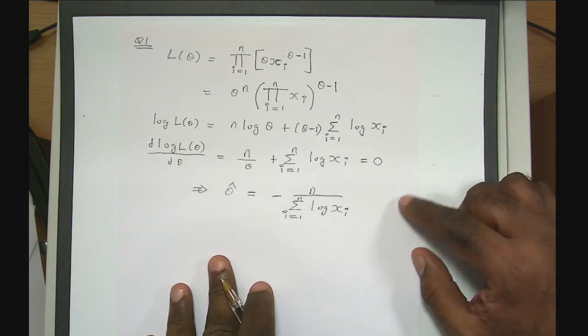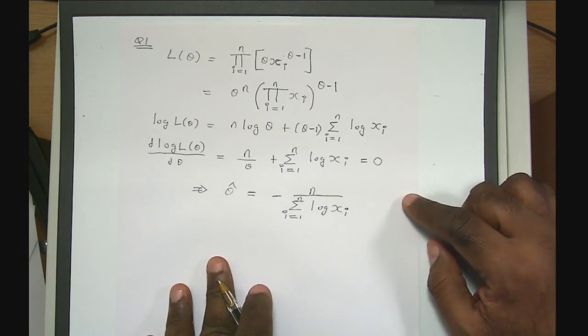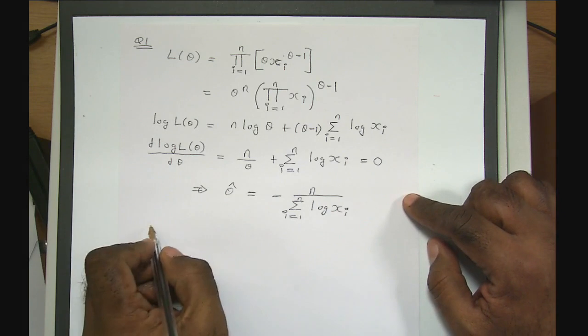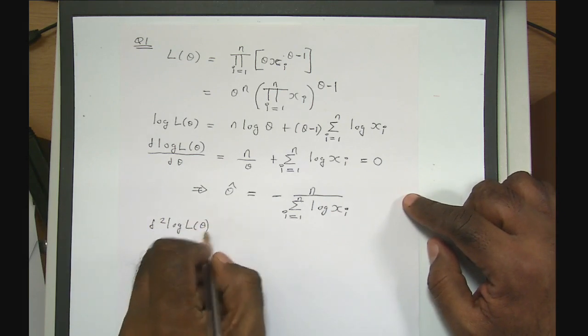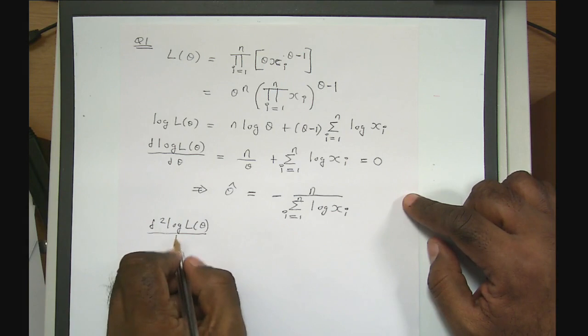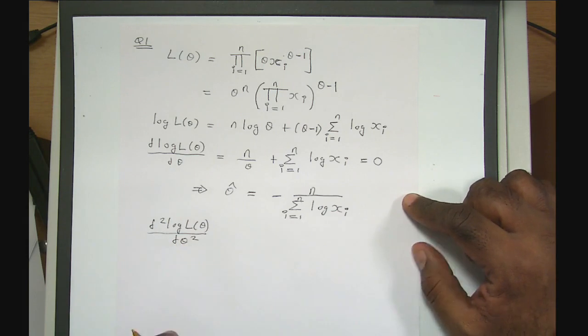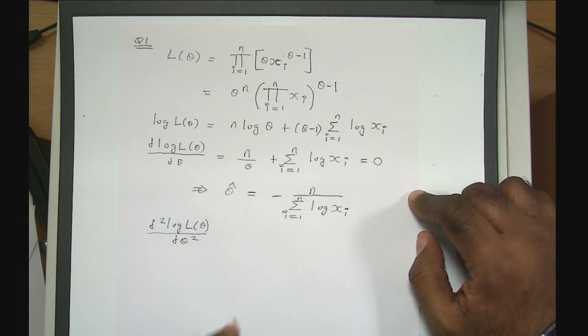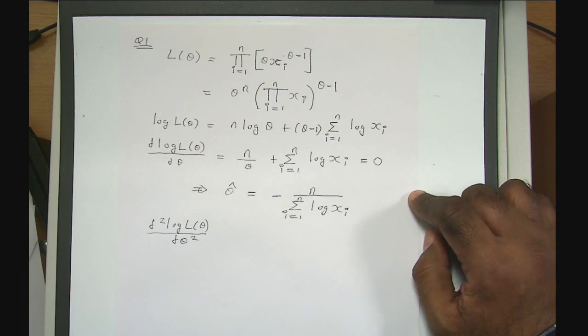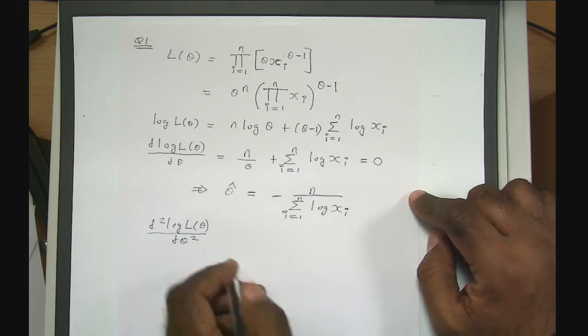Now to make sure that this corresponds to an MLE, you need to look at the second order derivative. You only need to do this when the parameter theta is a scalar. In other words, you have only one parameter to estimate. So in such cases, you must show that the second order derivative is negative, right?